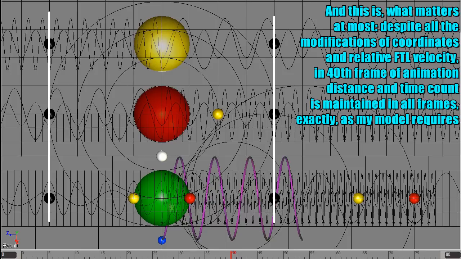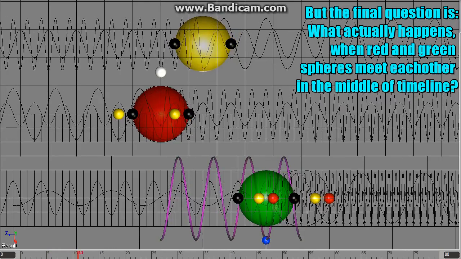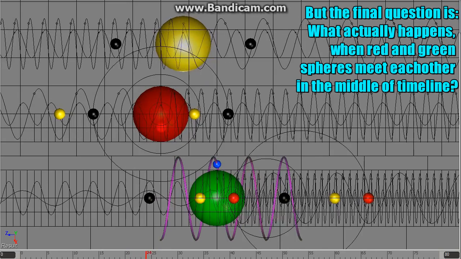Despite all the modifications of coordinates and relative faster than light velocity, in the 40th frame of animation, distance and time count is maintained in all frames exactly as my model requires. But the final question is, what actually happens when the red and green spheres meet each other in the middle of the timeline?